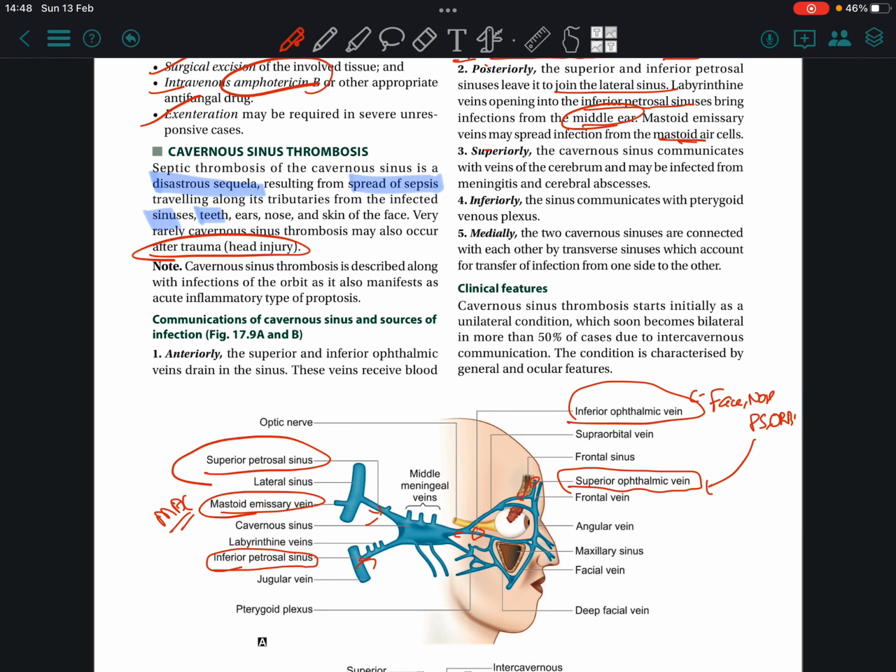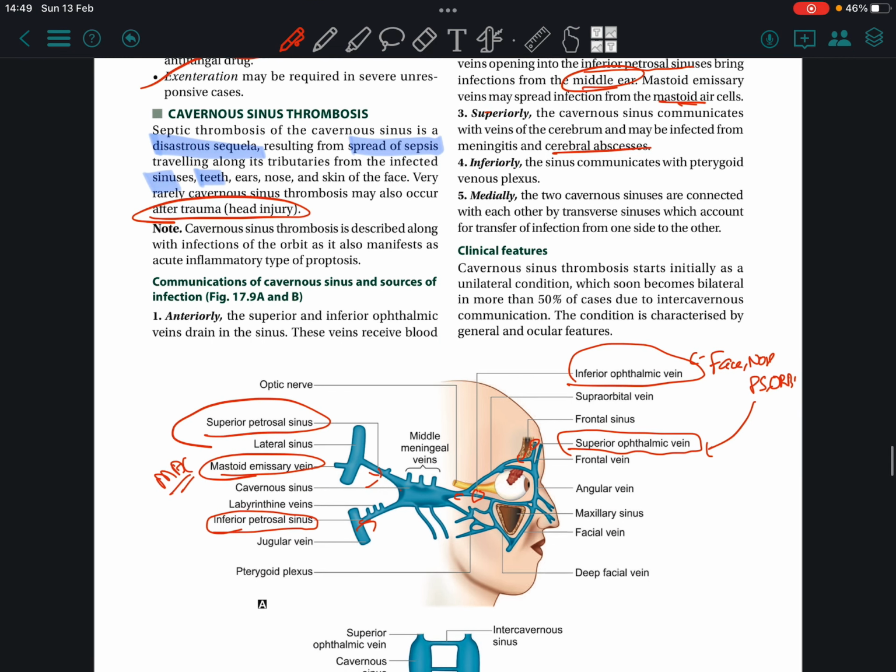Then superiorly, the cavernous sinus communicates with veins of the cerebrum and the middle meningeal vein, and may be infected by cerebral abscess. Inferiorly, the sinus communicates with the pterygoid venous plexus.